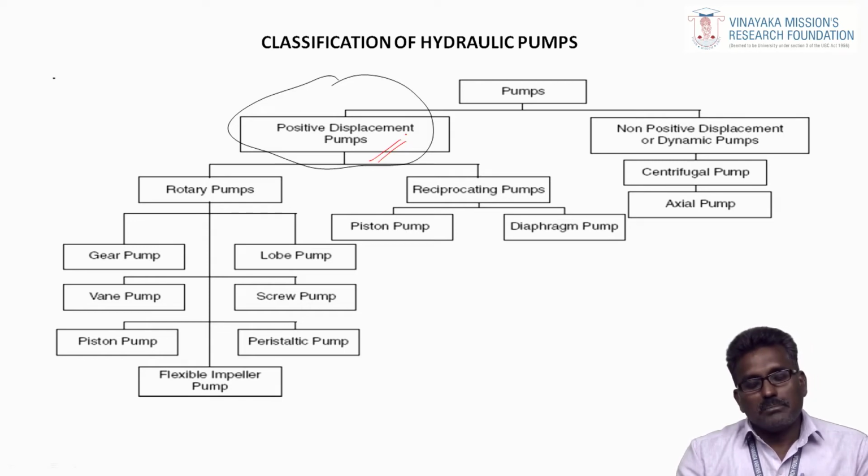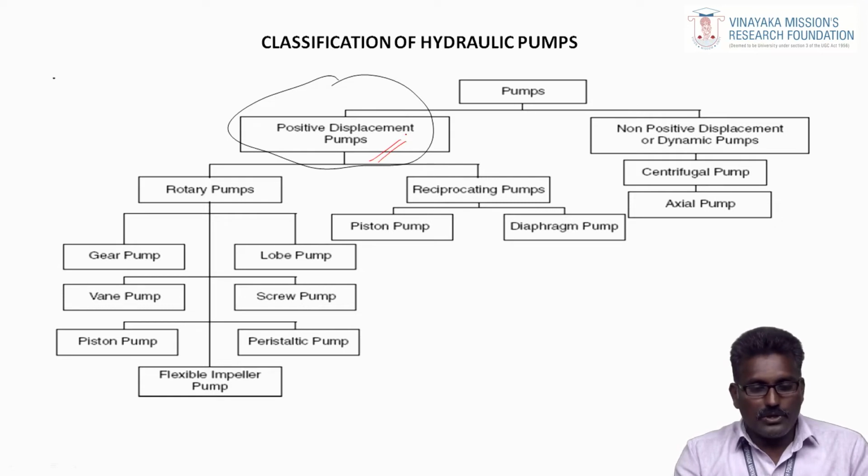This pump is broadly classified further into rotary pumps and reciprocating pumps. Rotary pumps means the pump axis makes rotational motion. Reciprocating pump means the pump is actuated in a to and fro, reciprocating motion. In the rotary pump category, we have many classifications: gear pump, lobe pump, vane pump, screw pump, piston pump, peristaltic pump, and flexible impeller pump.